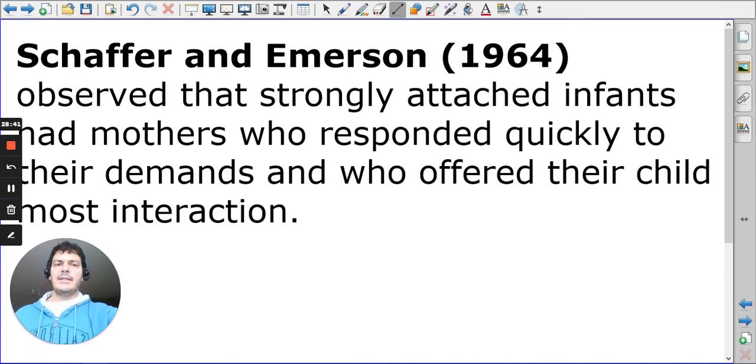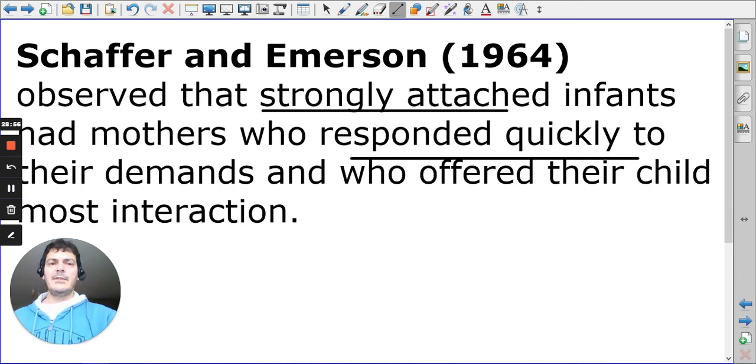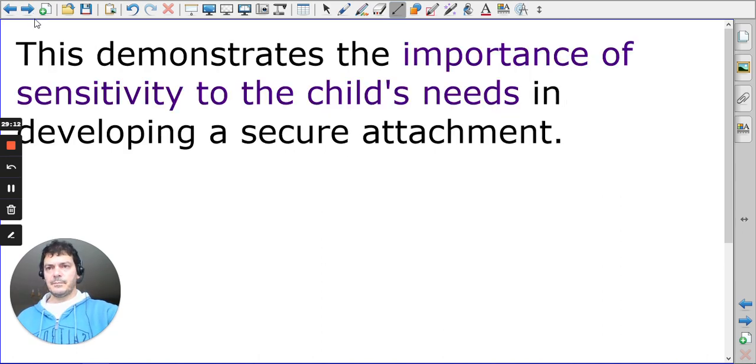We find that in terms of trying to understand Bowlby's look at the primary caregiver, it says that strongly attached infants had mothers who responded quickly. So it seems that we're never going to be able to move away from Bowlby's understanding that if you are able to respond to those social releasers and have good attachment bonds, you're going to have strong attachment with your children.